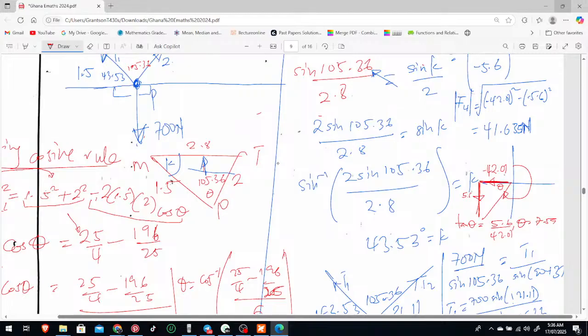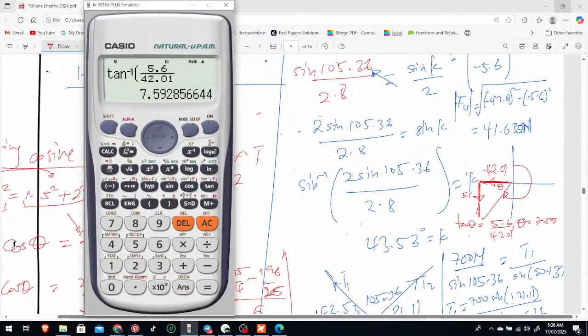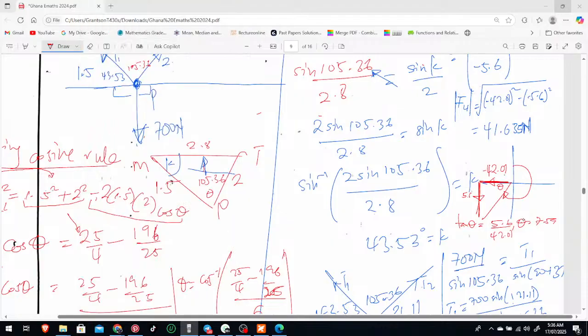So 270 minus that angle will be what? We are looking for the bearing. So 270 minus this angle. 270 minus this angle is 262.407. So 262.407 is the bearing or the direction.